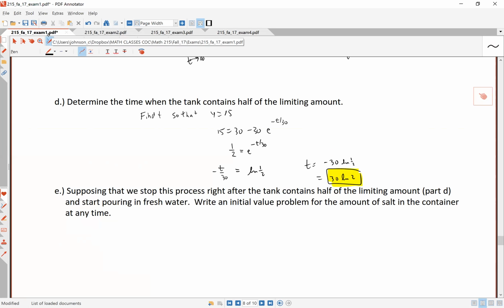Next problem says, suppose that we stop this process right after the tank contains half of the limiting amount and start pouring in fresh water. Then now the rate in is 0 because we're putting in fresh water. No salt is entering anymore.